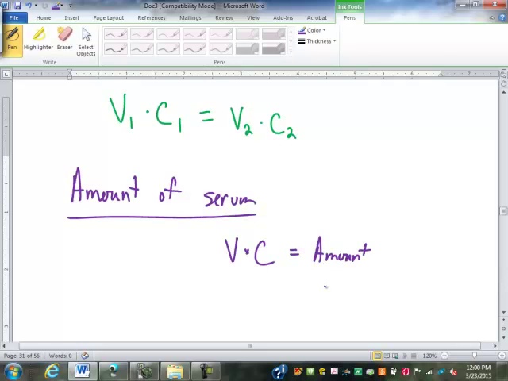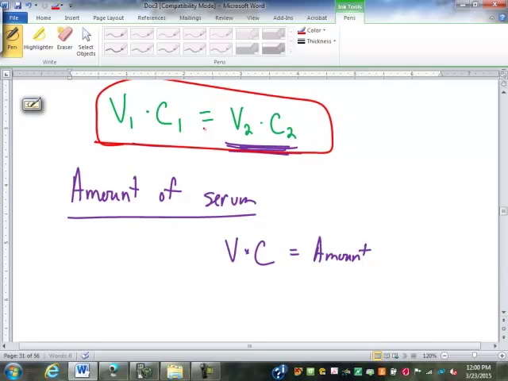So as long as all that we are adding to this is water, the amount of serum should be the same on the other side. So even if the volume goes up, the concentration goes down so that the total amount of serum is not going to change. So let's look at some of our problems using this shortcut formula to solve instead of just using the simple dilutions.